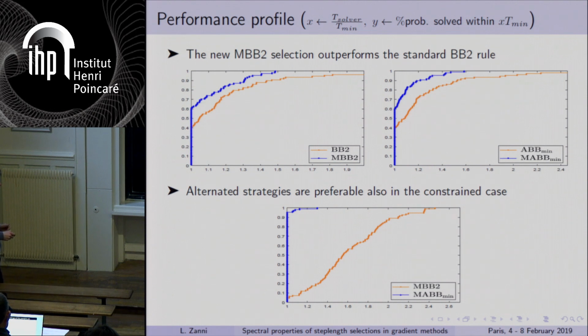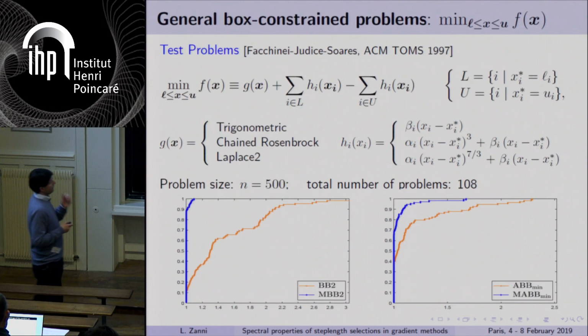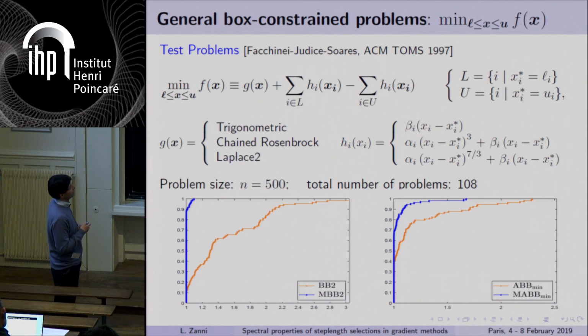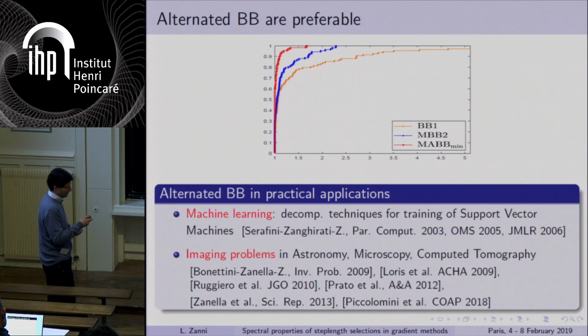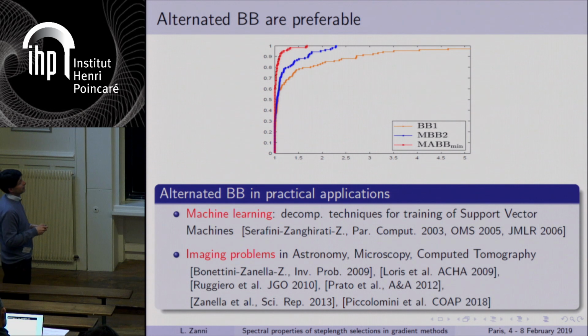And usually, the new alternated scheme outperforms the use of a single BB2 rule. Okay, a similar analysis has been performed also in general box constrained problems, and the conclusion is the same. That is, as you can observe from this performance profile, it seems convenient to exploit the alternated Barzilai-Borwein rule.